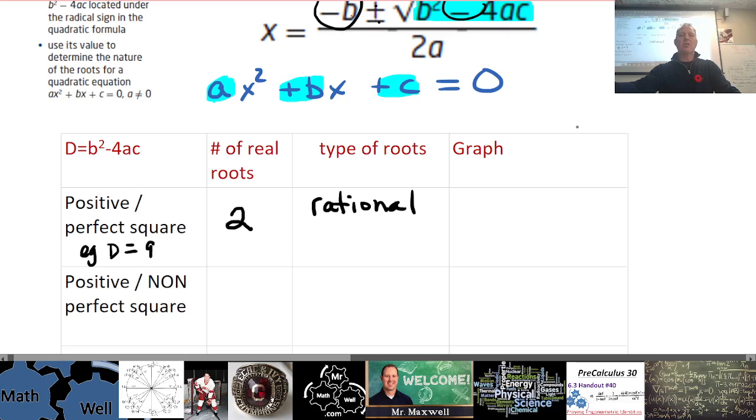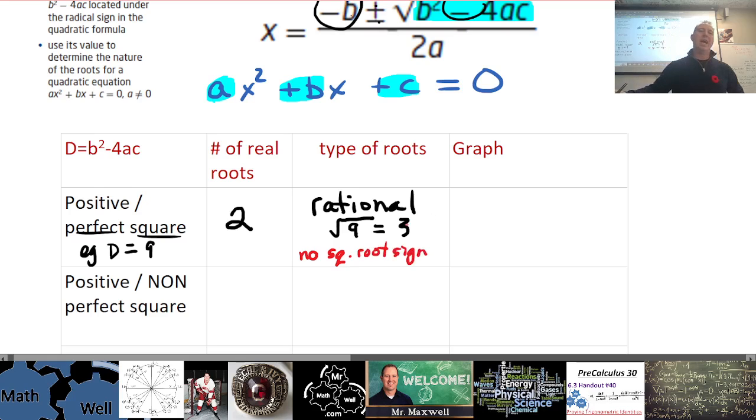That means there's no root sign left in your answer, because the root sign just goes away if it's a perfect square. Like root 9 is 3. There's no radical left, so they are rational roots. Now they could be fractions, but there's no radicals. So let's say no square root sign in the answer.